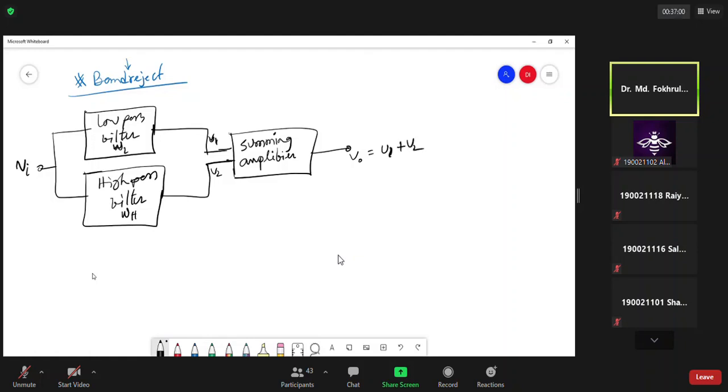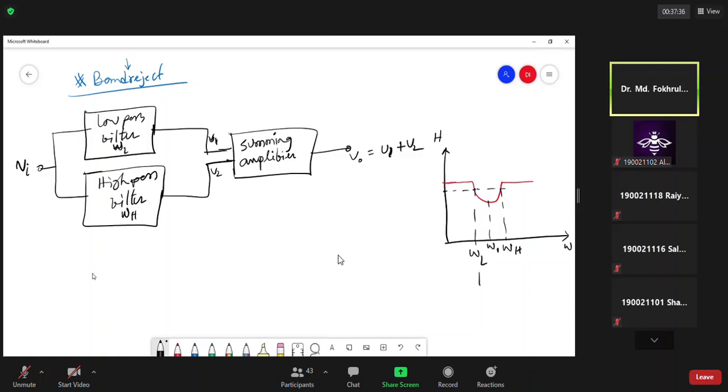Its corresponding transfer function will look like just the inverse of the band pass filter. If you have the omega H here, then the transfer function looks like this. For the 3 dB point, this will be omega L, this is omega H, and you have the center frequency omega naught.